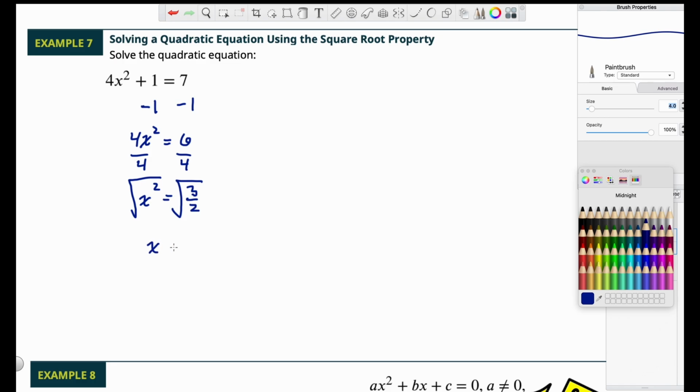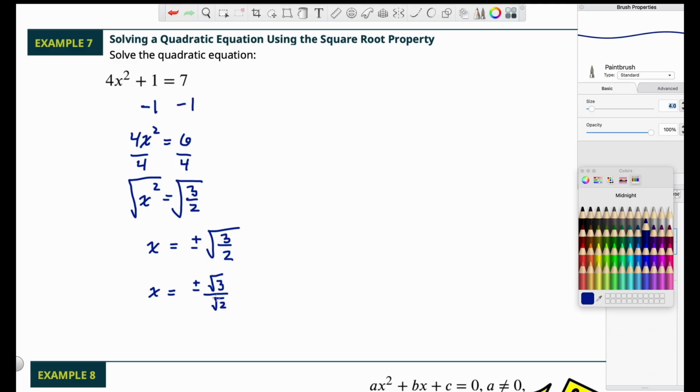That gives me plus or minus the square root of 3/2. Now we don't like having a radical in the denominator, so I'm going to rationalize that. We did this in a previous unit, so let's break this up here. I have plus or minus root 3 divided by root 2, quotient rule of radicals, okay?